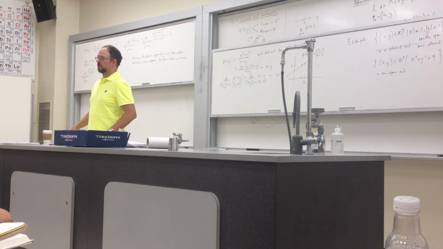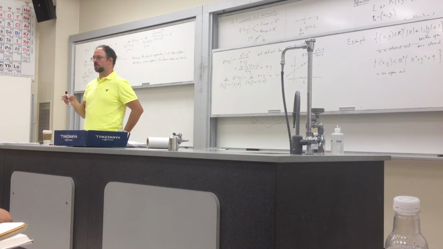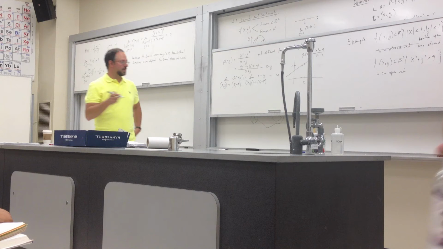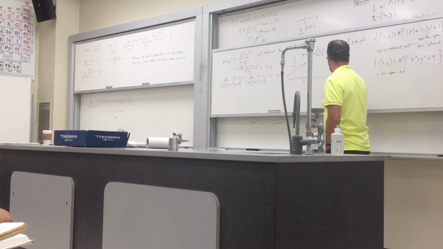Exactly, yeah. So if at x equal to a, the function value f of a exists, and if the limit of f of x as x converges to a exists, and those two are the same, then the function is continuous.